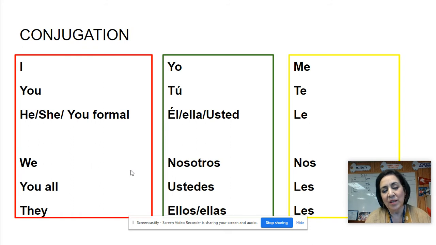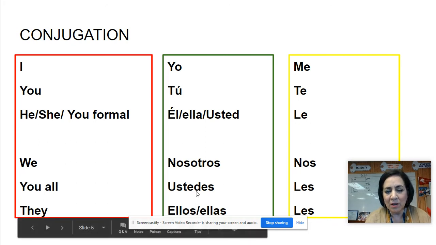We can say it as nosotros or nos when we are saying nos gusta, we like. You all becomes ustedes for normal verbs, most of them, and les for verbs like gustar. And they, in English, we say it two ways. Ellos and ellas, or les for verbs like gustar.